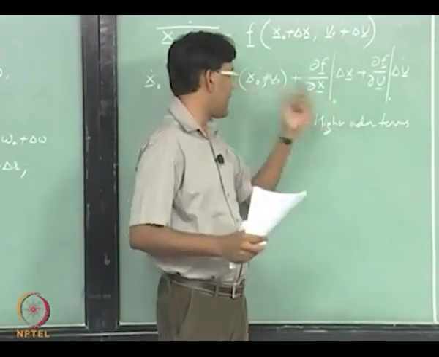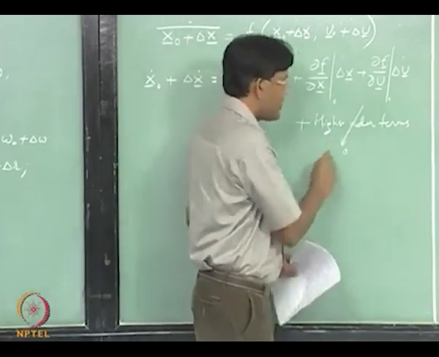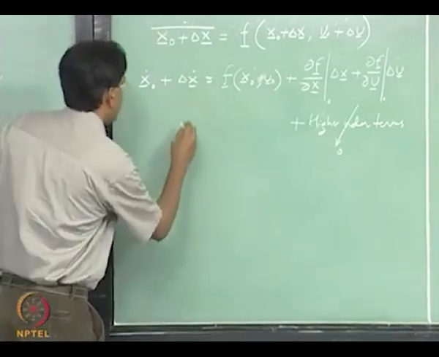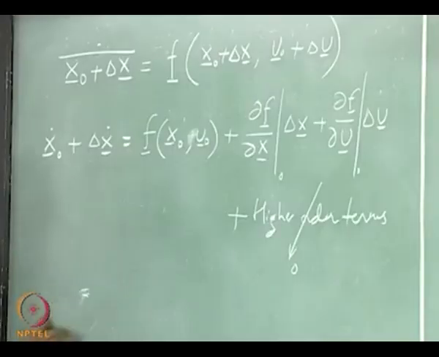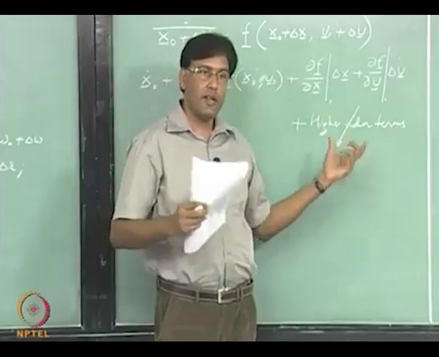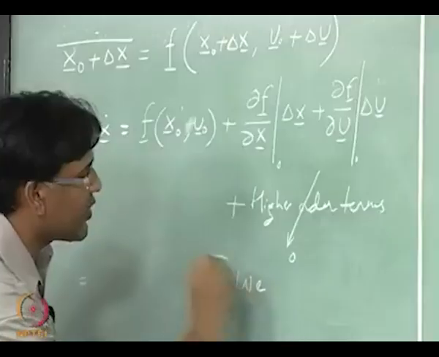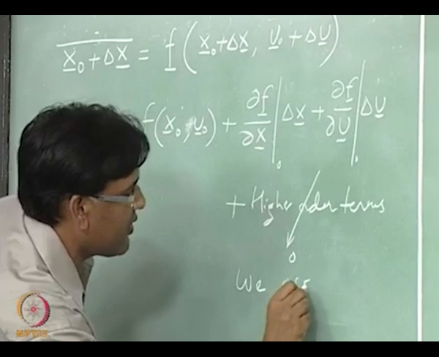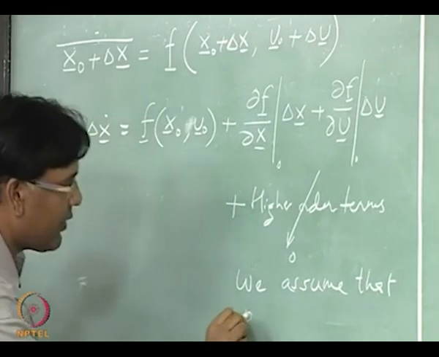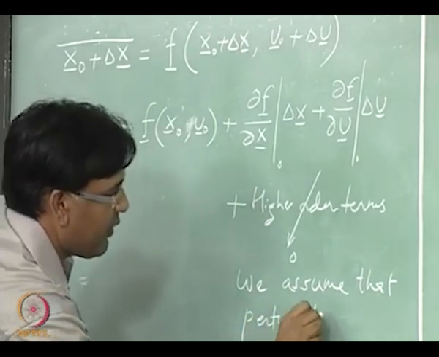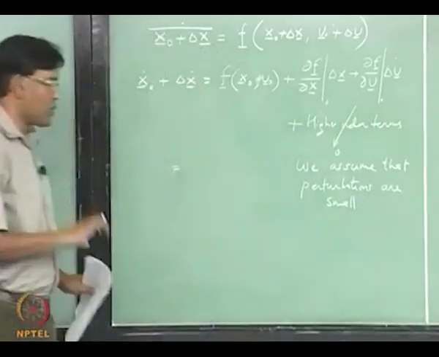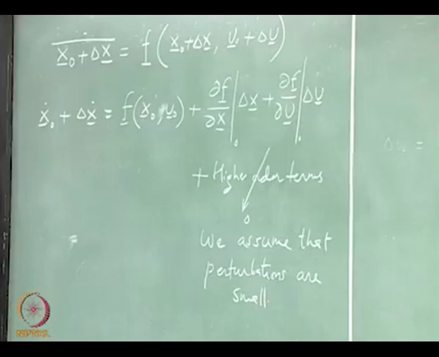In that case we can drop these terms. So, what you have is this equal to this after we drop this, and we assume that when we drop this we are looking at only a small motion about the equilibrium condition.